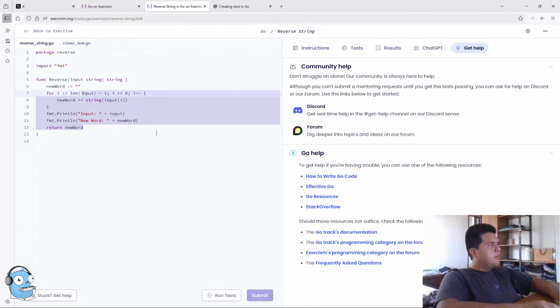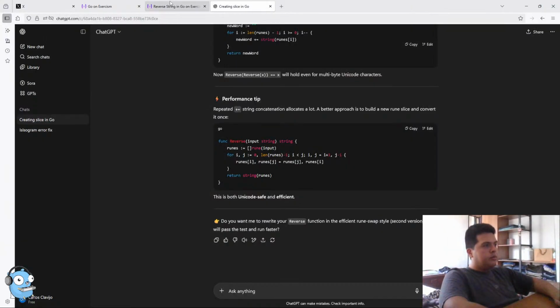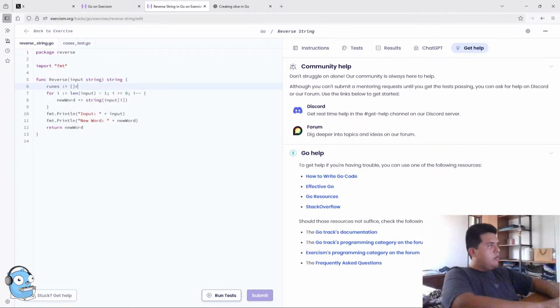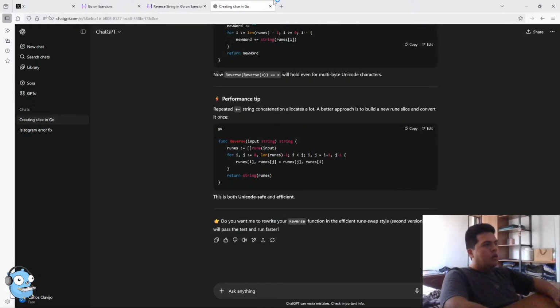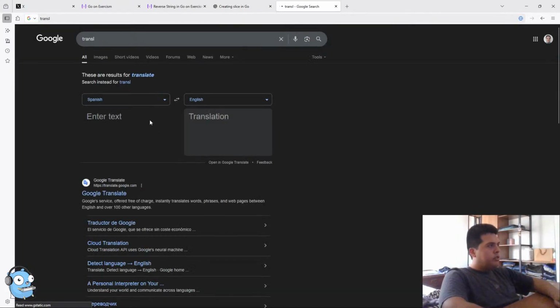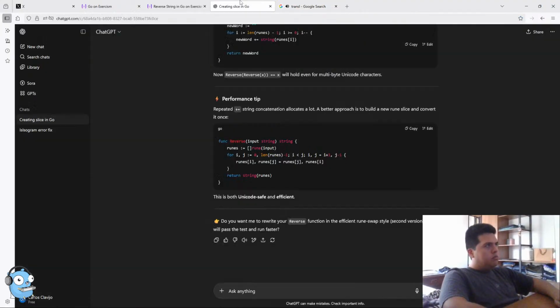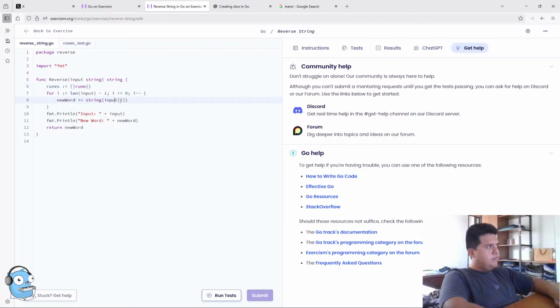I don't remember using runes before. Runes, string. That's how I use rune input. Rune. Let me check for a second.